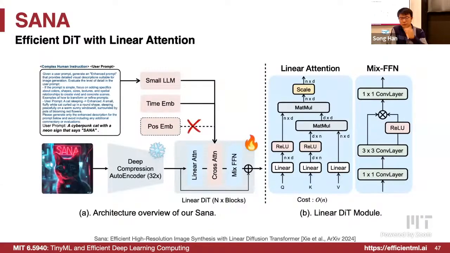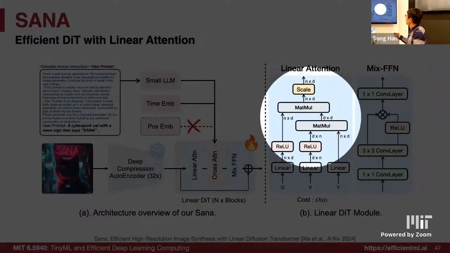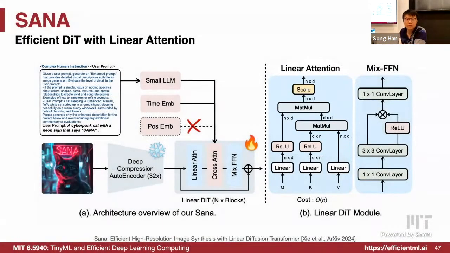So based on deep compression autoencoder, we built an efficient image generation diffusion model called SANA, which takes advantage of several factors. One is the linear DiT module, using the linear attention that we previously described. For high resolution, we have a lot of tokens, and the computation complexity grows quadratically with the resolution.